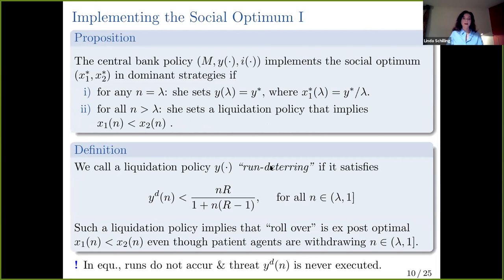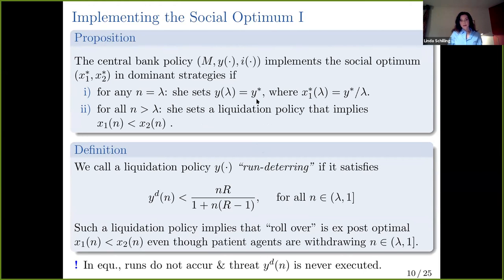Okay, so how can we implement that the social optimum occurs in equilibrium? Well, we have to do two things. First of all, given that spending behavior is low in the sense that only impatient types spend, the central bank has to liquidate a sufficiently large fraction of the asset such that the social optimum is really attained. So for low spending behavior, she has to liquidate a sufficiently large fraction of the asset.